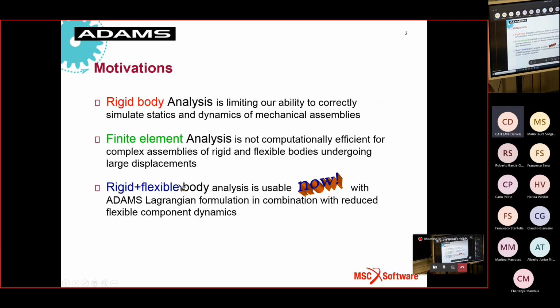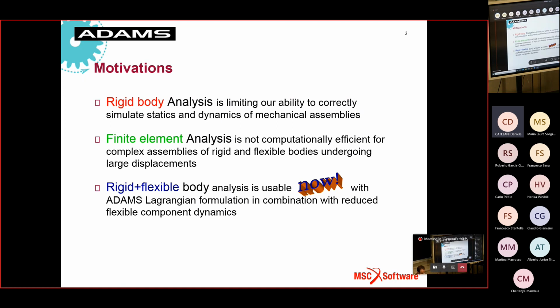The finite element code is good for structural analysis, but is not efficient from a computational point of view to simulate a complex mechanism undergoing large displacement in 3D space, like a vehicle, like a satellite, like an aircraft, like a robot.